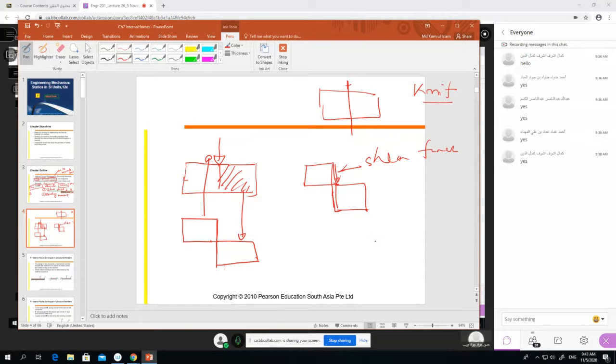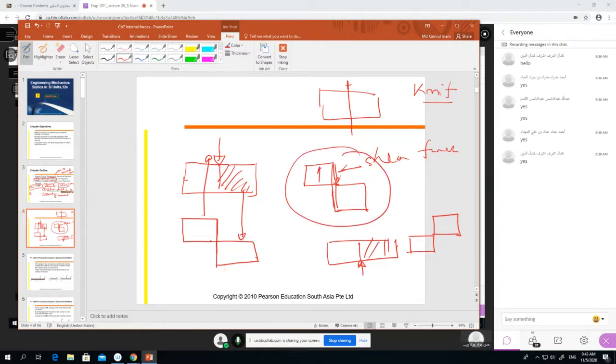Or it can happen like this: you apply some force, and it cuts like this. One side goes up and one side goes down. So this is the force developed at the internal surface, called shear force.